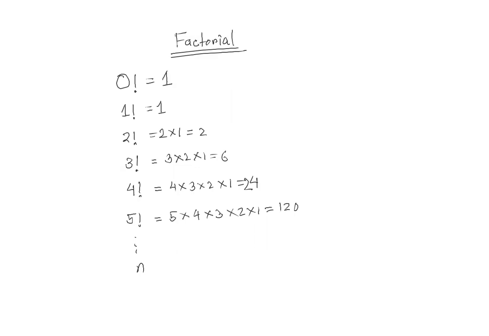In general, n factorial is n times n minus 1 times ... 3 times 2 times 1. That's called factorial. In the counting world, this factorial is important.